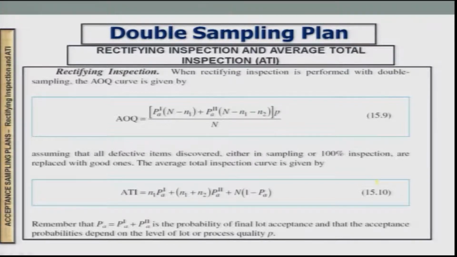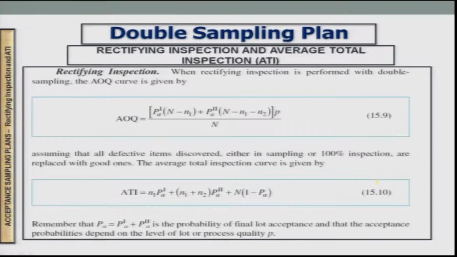If you remember, when we were doing the OC curves, those concepts were considered. I am just giving the results. You find the AOQ values, which depend on which stage you are sampling. The suffix you see over P can be either 1 or 2, depending on whether it is the first stage or the second stage of double sampling.